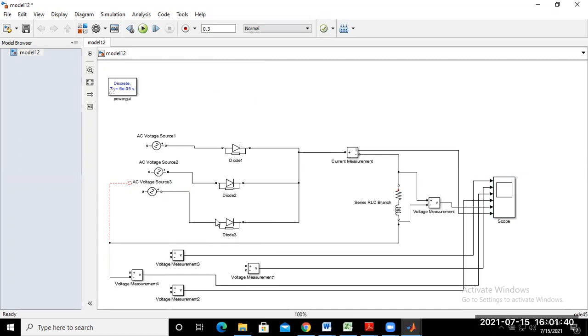And all the negative polarities of the 3 AC voltage sources are shorted. Negative polarity of this load is connected to the negative polarity of the supply.